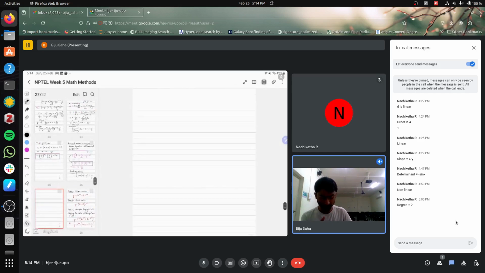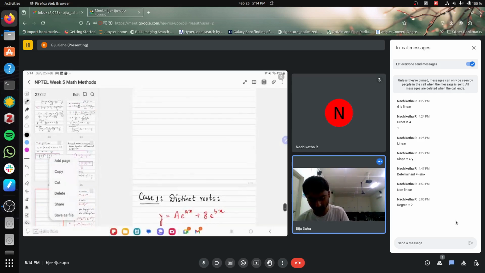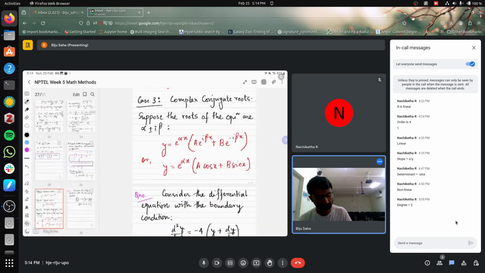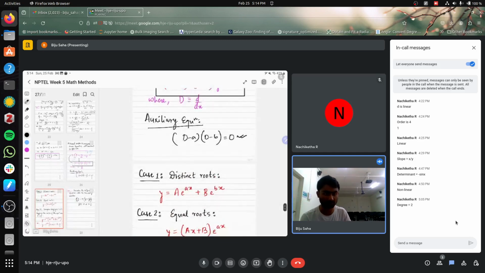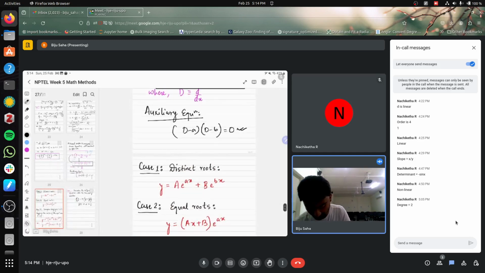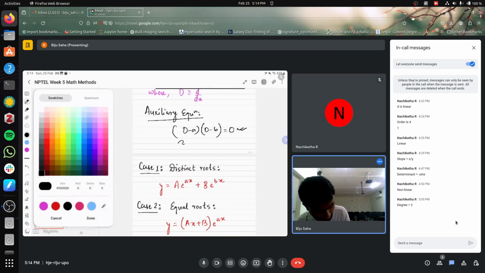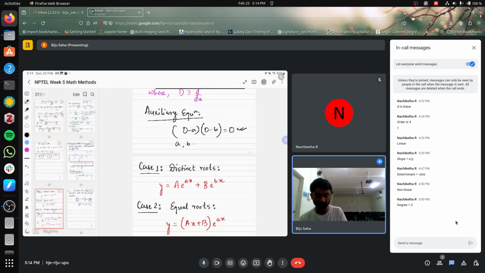So having obtained the roots of the auxiliary equation, a and b are the roots of the auxiliary equation. If the roots are distinct, so if a is not equal to b, the solution would be given as capital A e to the power ax plus capital B e to the power bx.